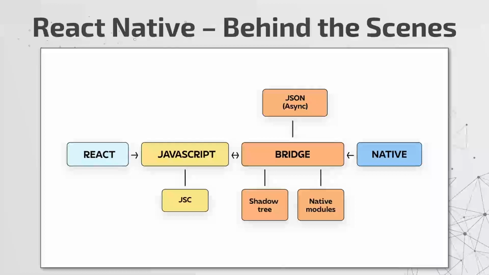So for now, understand the flow. This is the React framework. We write JavaScript code in the React framework. This JavaScript code gets sent to the JavaScript core engine. This engine plays a very important role, for it converts the JavaScript code into native code.